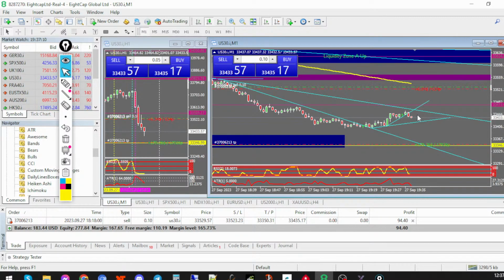Just give it some time. Coming down nicely. This is why you need to have things in place, like the trend lines and understanding corrective formations.